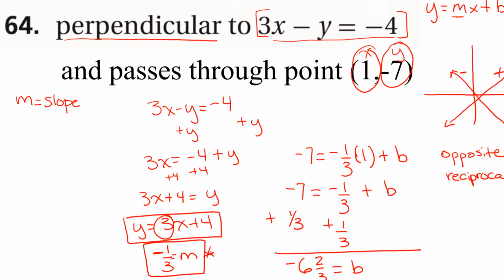So I actually have 20 over 3. And so my new equation is going to be y equals negative 1/3 x plus b, which is 20 over 3. But it's actually a negative, can't forget that. And so there is the equation for your new line that is perpendicular to this line up here.